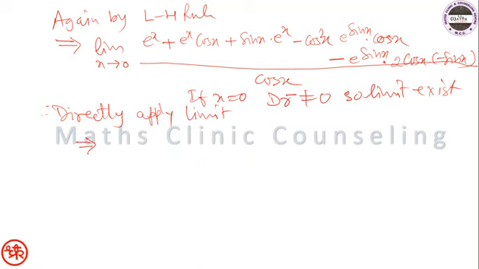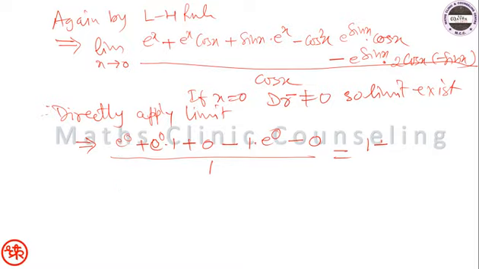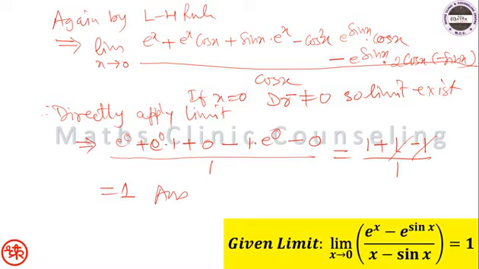So this implies that e to the power 0 plus e to the power 0 into 1 plus sin 0 is 0, minus cos 0 which is 1, into e to the power 0, minus sin x is there, so 0, and this is divided by 1. So it is equal to 1 plus 1 minus 1 divided by 1. 1 minus 1 gets cancelled, so this answer is 1. So this is the answer, and hence the given limit answer is 1.